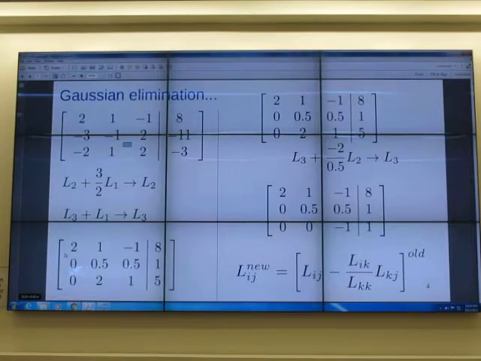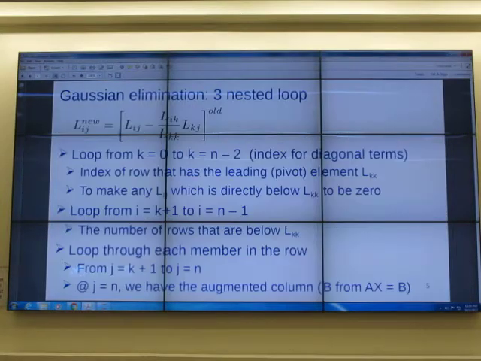But when we loop for i, we do every row that is below the leading element. Good. And of course, we do every j. For j, we go from k plus 1 to j equal to n. j equal to n is the augmented part.